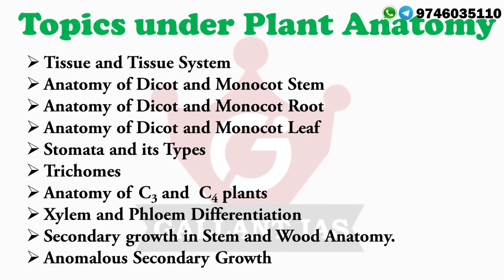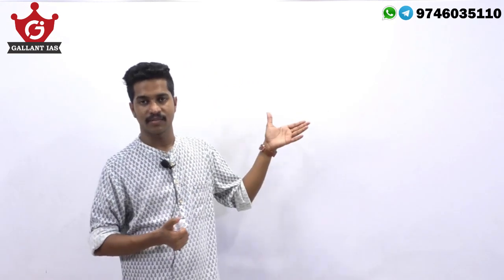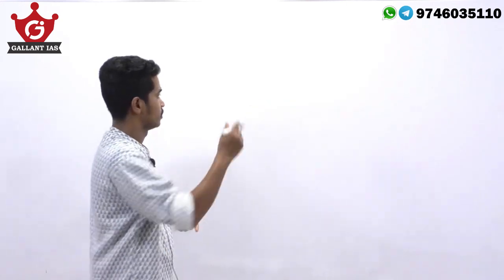Firstly, we start with tissue and its types. Plant tissues are of two types: meristematic tissues and permanent tissues. In plants, we can see these two types of tissues.